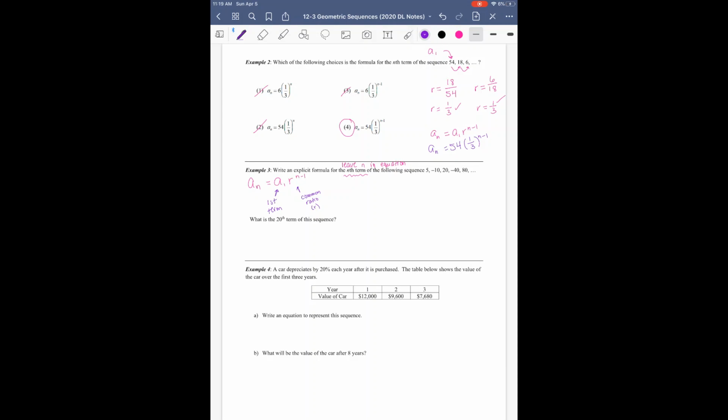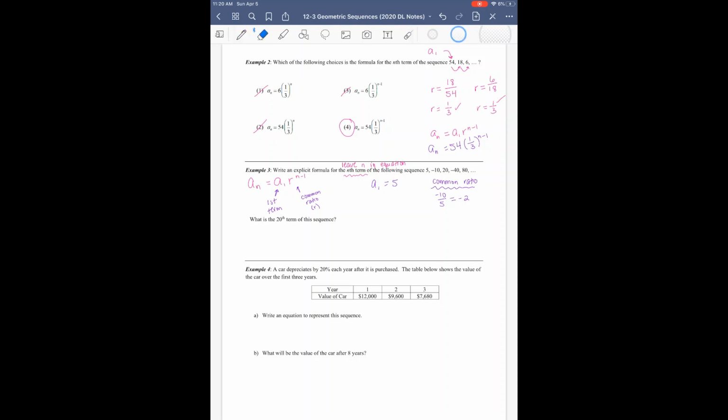So my first term, my a sub 1, is 5. And to get r, my common ratio, I'm going to use my little shortcut method and do my second term divided by my first term. -10 divided by 5 is -2.